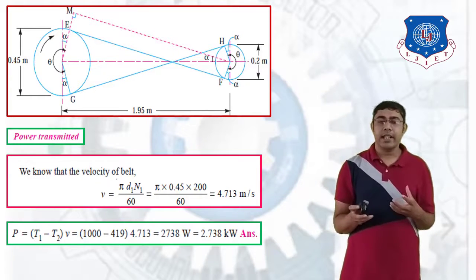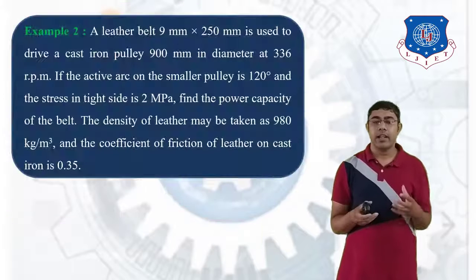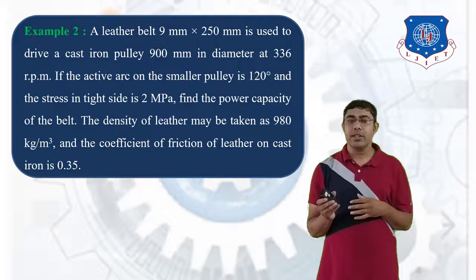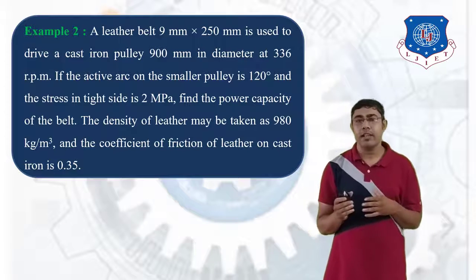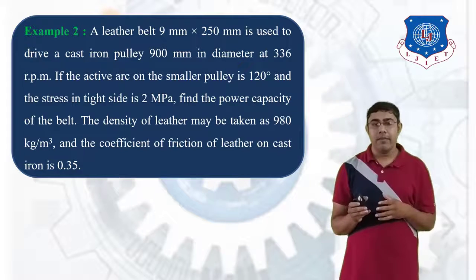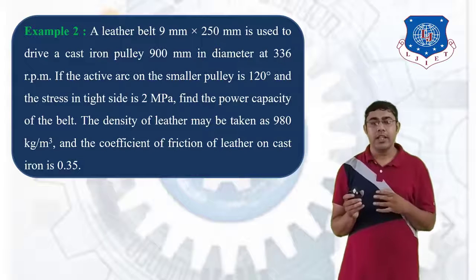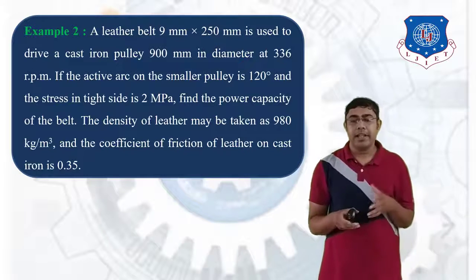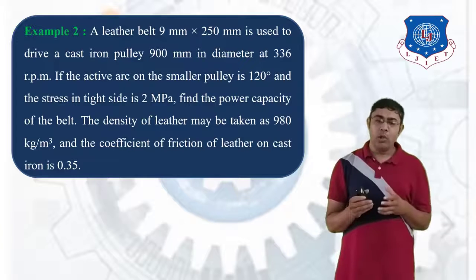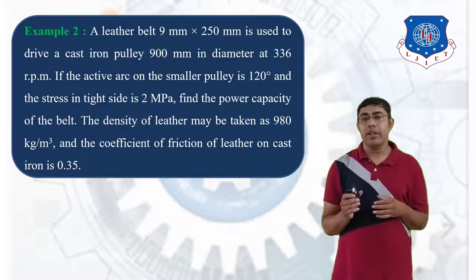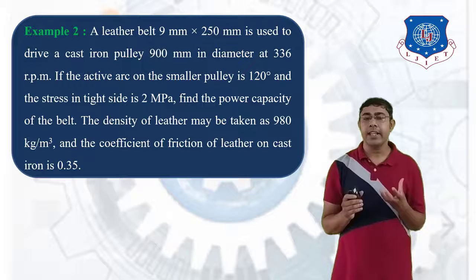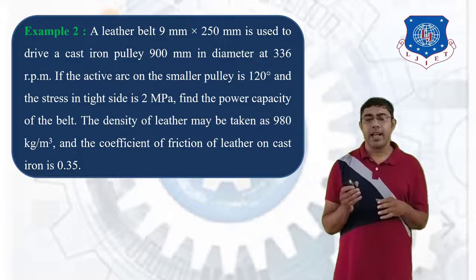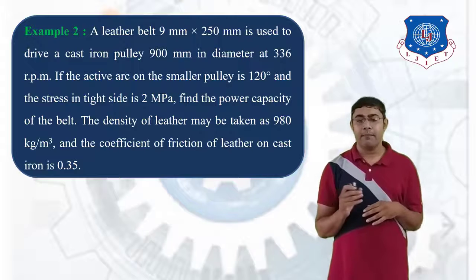Now consider the second problem, that is: a leather belt 9 mm into 250 mm is used to drive a cast iron pulley 900 mm in diameter at 336 revolutions per minute. If the active arc on the smaller pulley is 120 degrees, so here the arc angle is given, that is 120 degrees, and the stress on the tight side is given as 2 megapascal.